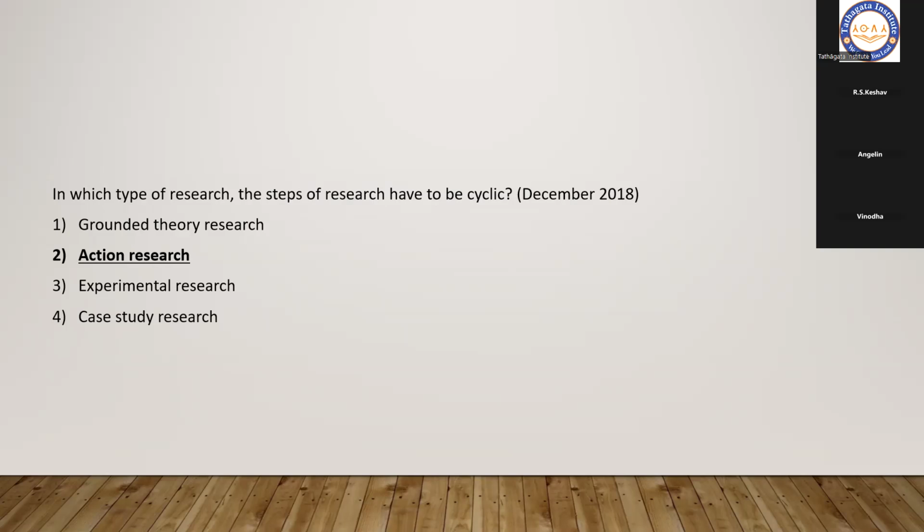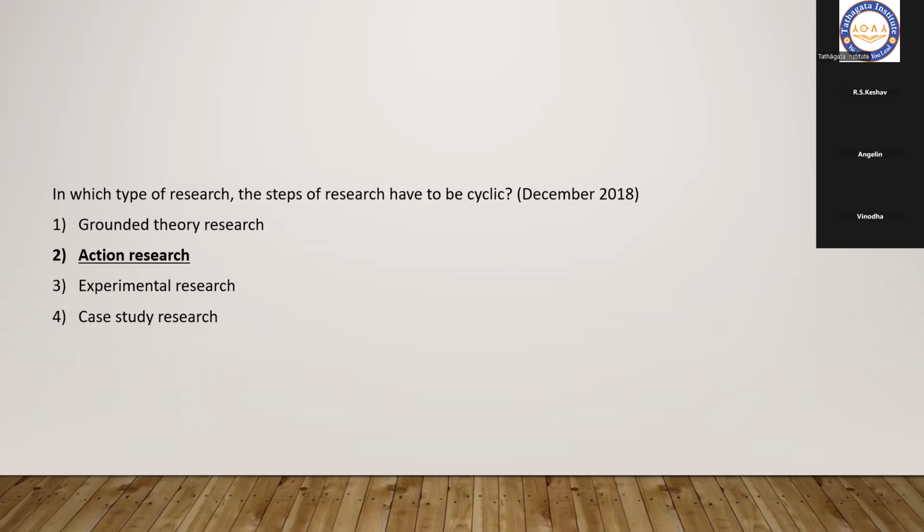An experiment is done in a particular closed place, which is applicable only to it. We will find an answer. There is no cycle. A cycle is something that is done over and over again. That is what this question means, something done over and over again, which is done in action research.